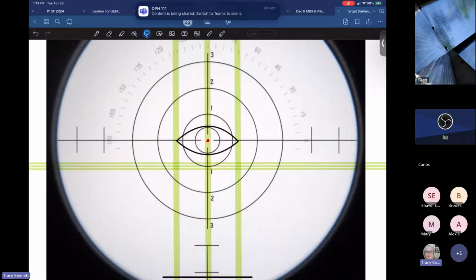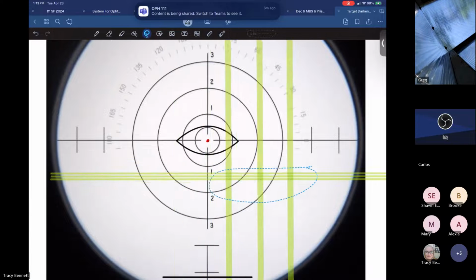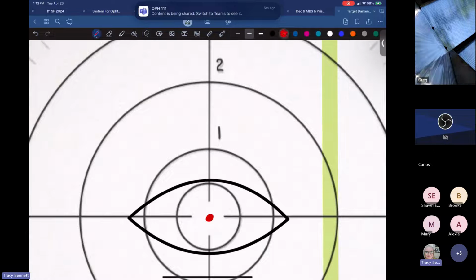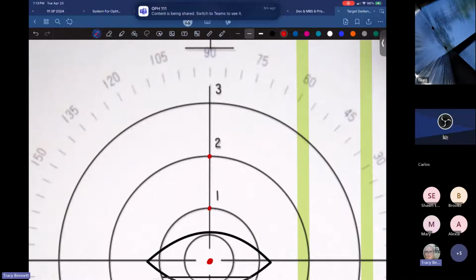When you go in between, all right, you see 1 to 2, right? This is a length. Just like it's the same length as this one to this one. So the length from here to here is the same as from here to here.